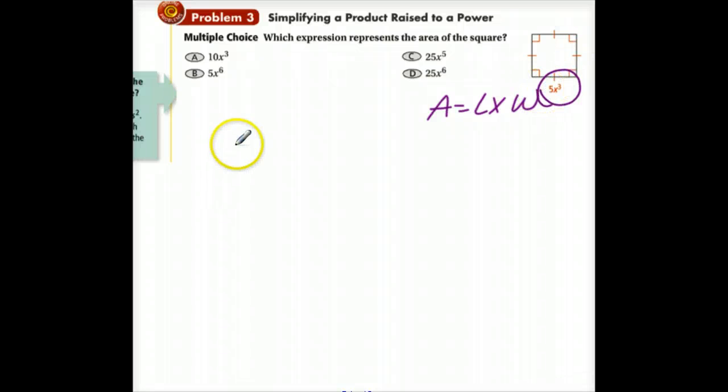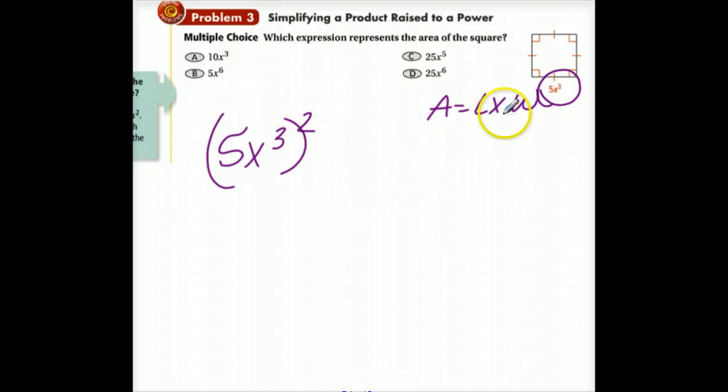So in this example, we have a square, and we want to know the area of a square. Well, we know area equals length times width. So side times side. Well, here's one side length, 5x to the third power, squared, because it would be side times side. The sides are the same thing in a square.